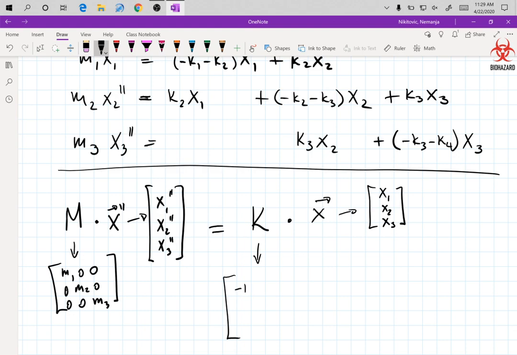You have your negative K1 minus K2, then you have K2, and you have a 0. Then you go to the next row. You have K2 for the first one, negative K2 minus K3 for the second one, and just K3 for the last one. And then a 0 over here, and a K3 over here, and negative K3 minus K4.